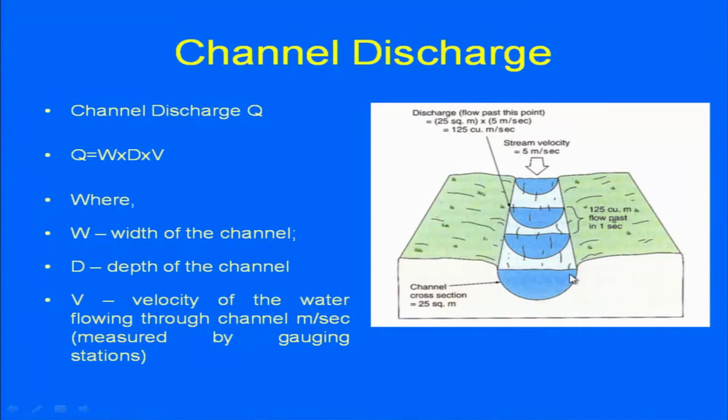This problem is experienced in most rivers, even the smaller channels or smaller drainage basins close to the Himalayan front, because a lot of erosion is taking place in the Himalaya, and that is bringing a lot of sediment load. Many forest areas have been affected because of the silting of the channels.